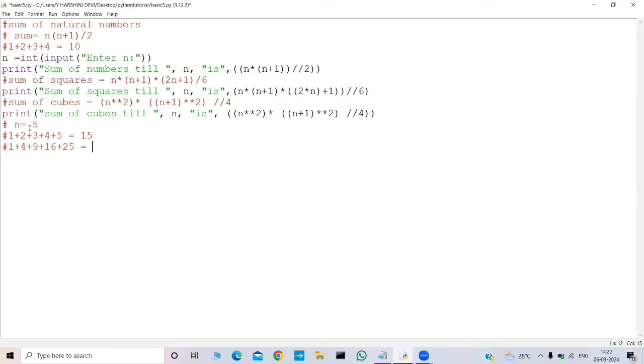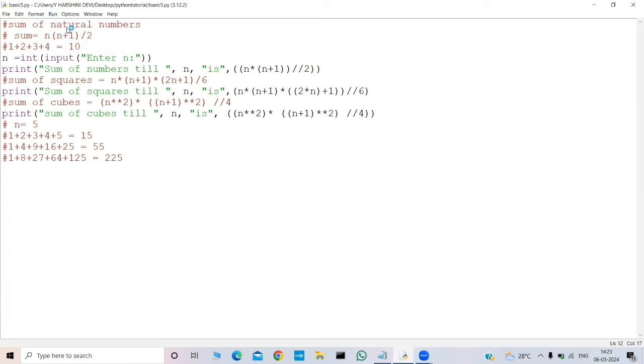So this was 25 plus 25, 50, 50 plus 5, 55. Okay. Next, for the third print statement, it was sum of cubes. So 1 cube plus 2 cube, 8 plus 3 cube, 27, 4 cube, that was 64, and 5 cube, 125. So it should be 225.